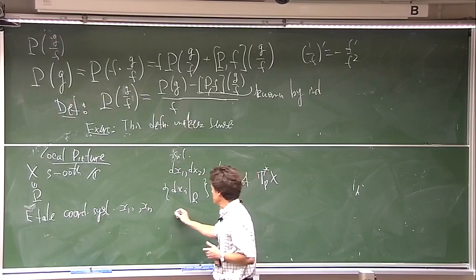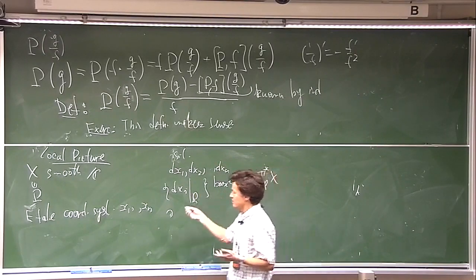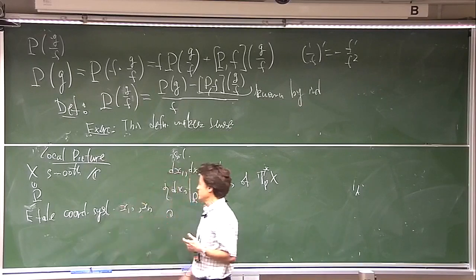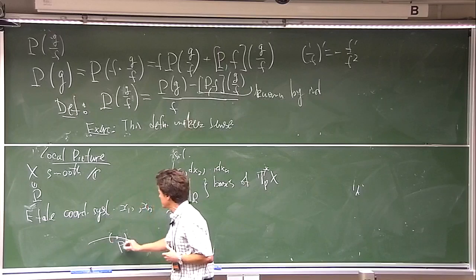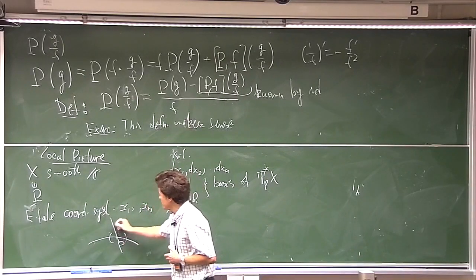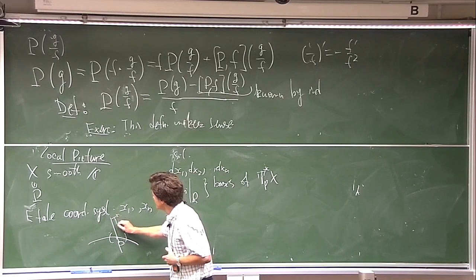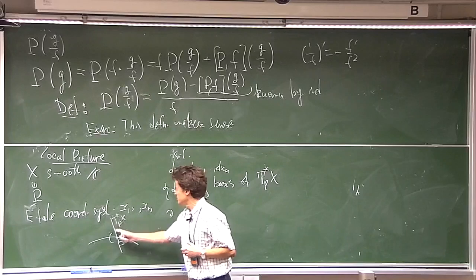But then you can find, defined over some neighborhood of this. So my X point P, and then there is a small neighborhood, so that that's my fiber. So these functions are defined over some neighborhood.